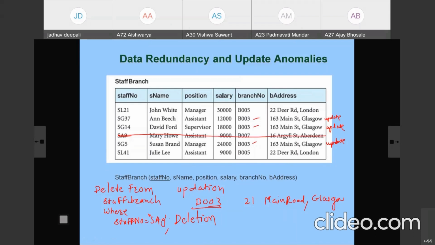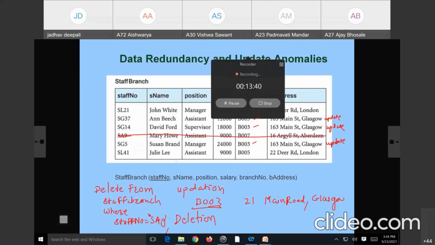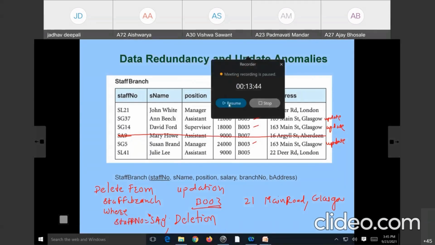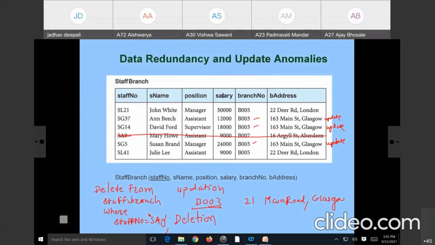So what happens here? If we execute this query and the entire tuple is deleted, you can observe that this is the only staff associated with this branch. This is SA9, Mary Ho, assistant. This is the only staff associated with the B007 branch.